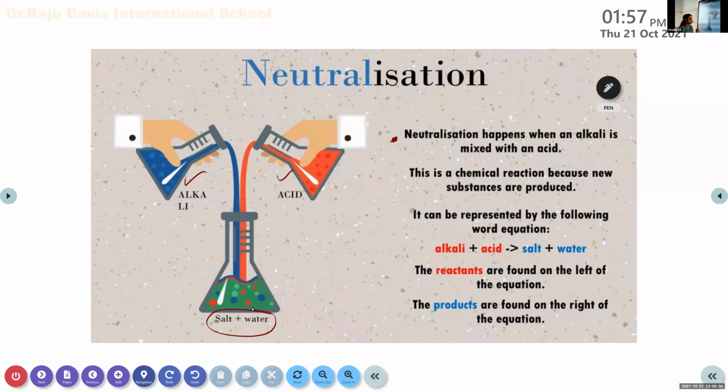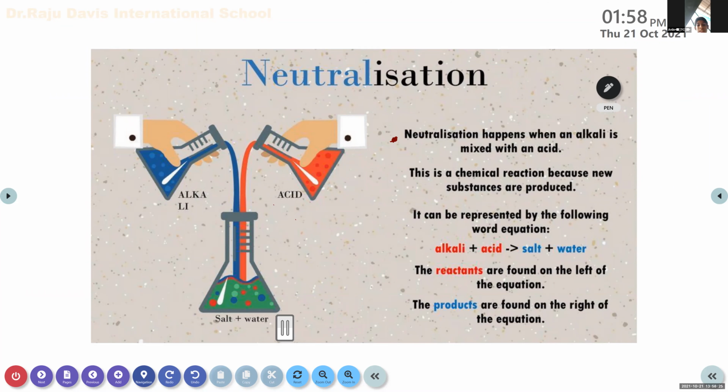What will be the product obtained in this beaker? Salt and water. Please keep this picture in your mind. When we add alkali and acid together, it gives salt and water. This process is known as neutralization. This is a chemical reaction because new substances are produced.